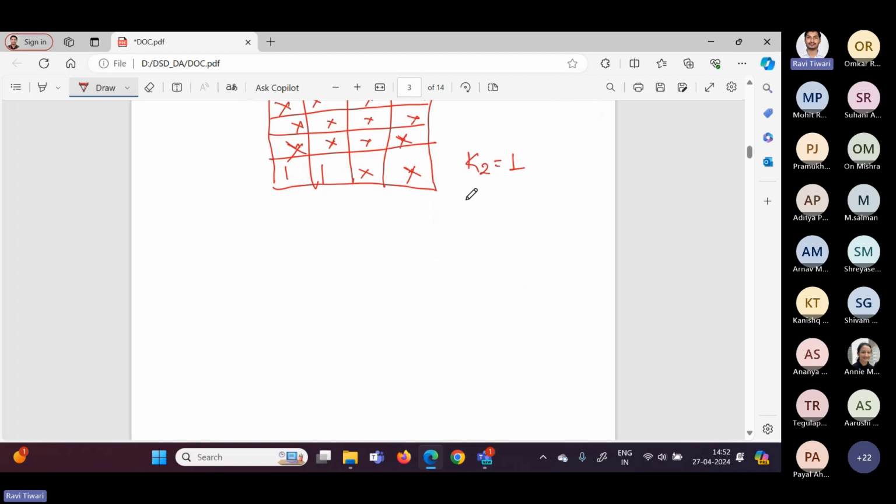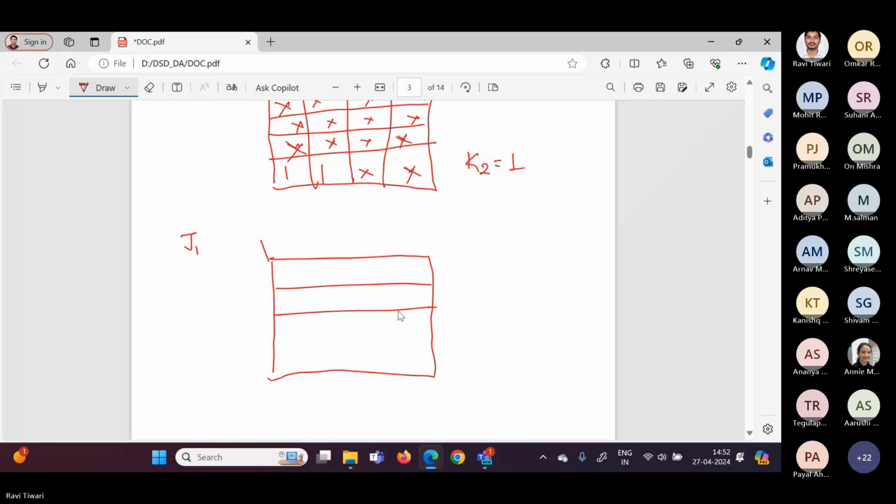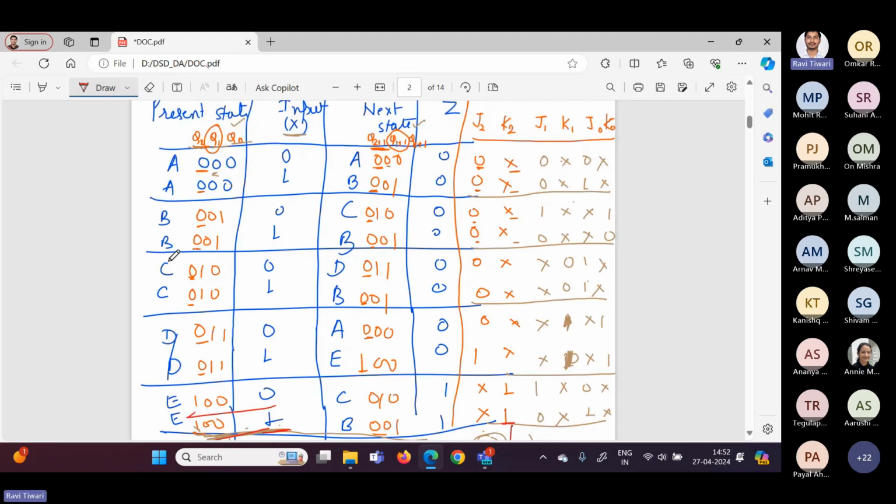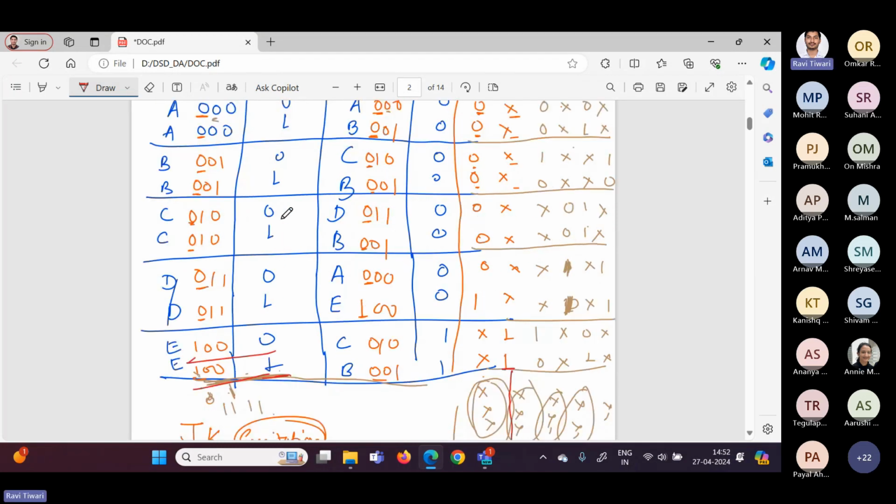Similarly, I will draw for J1. So J1 is also a 4 variable K map and I will draw it like this. This is Q2, this is Q1, this is Q0 and this is X. So from the values, if I draw it, it is 2.